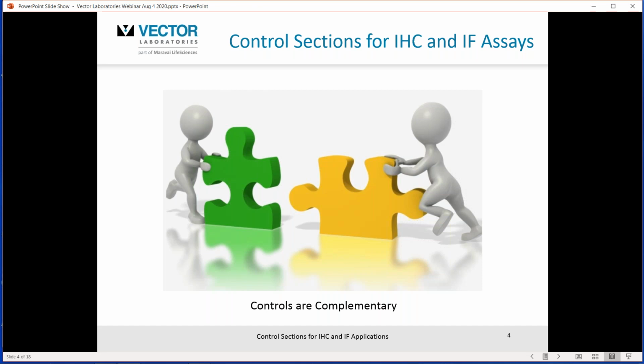Without the appropriate positive and negative controls in place, the staining that's achieved on a test specimen is essentially meaningless. So the idea of this webinar is to showcase that these controls are to be used together; they're complementary, they're synergistic, and they allow you then to make important observations and extrapolate nice, clean data from your test specimen.